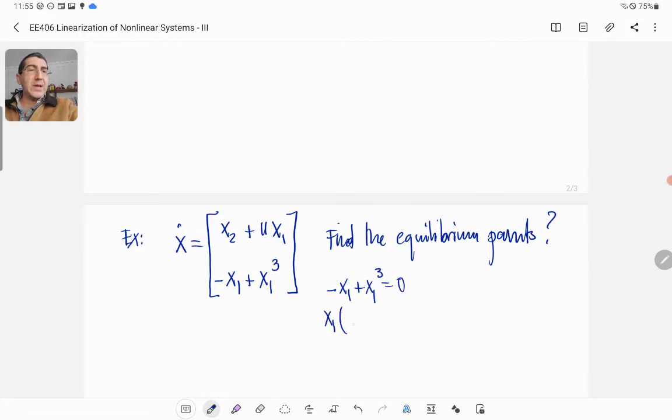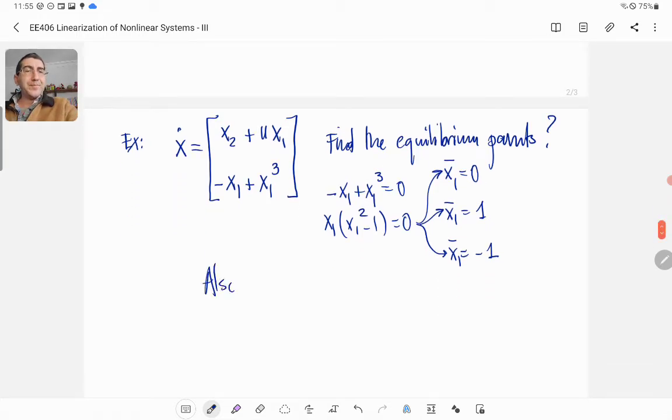So x1 times (x1 squared minus 1) is equal to 0. That will give us x1 bar equal to 0, another one x1 bar equal to 1, and another one x1 bar equal to minus 1. So three solutions from that equation for x1, one component of the equilibrium state.